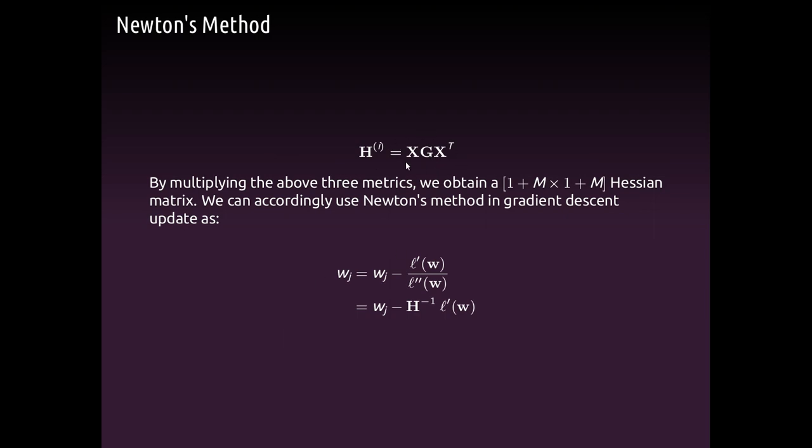And once you obtain the Hessian matrix of a particular instance i, then you can update the wj such that the updated value of the coefficient equals the old value minus the first derivative of the log likelihood divided by the second derivative, which we have computed now, which is called the Hessian matrix. And you can simplify this expression by saying that it is equal to wj minus H to the power of minus 1 multiplied by the first derivative of our log likelihood function.